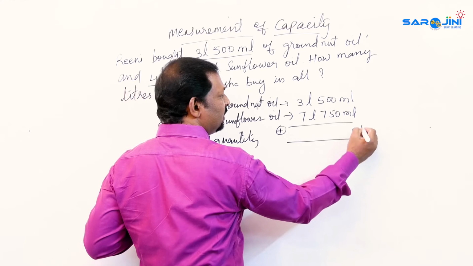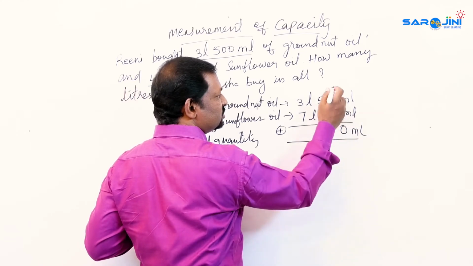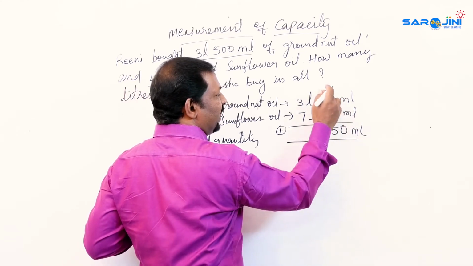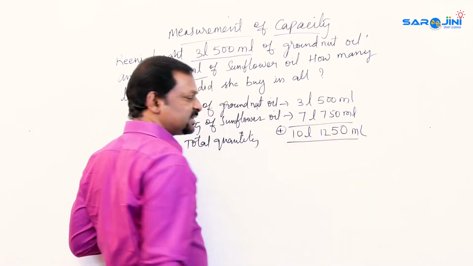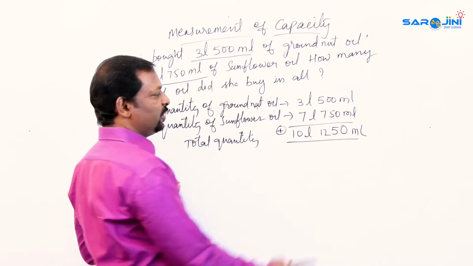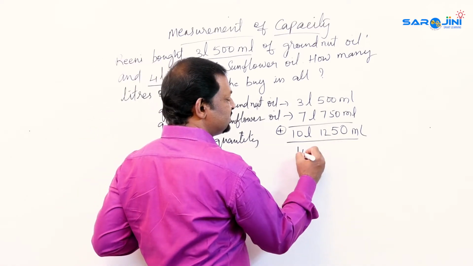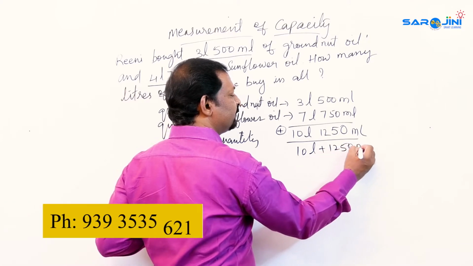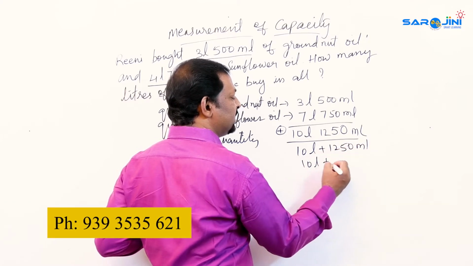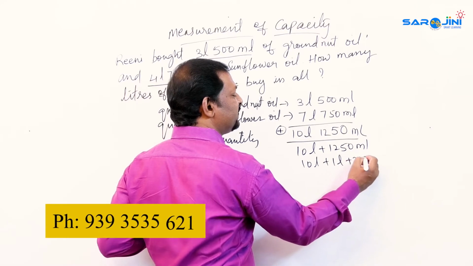So this is ml, 0 plus 0 is 0, 0 plus 5 is 5, 5 plus 7 is 12, and this is 10 liters. This is the answer. Do you think? No. Here we have to change. So this 10 liter plus 1250 ml. Again 10 liter plus 1 liter plus 250 ml.